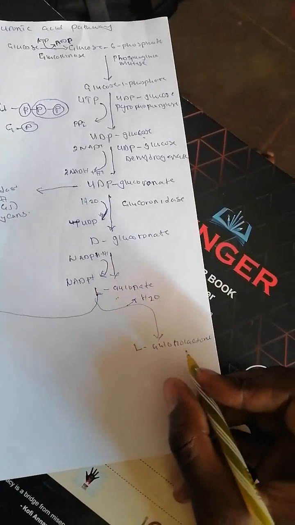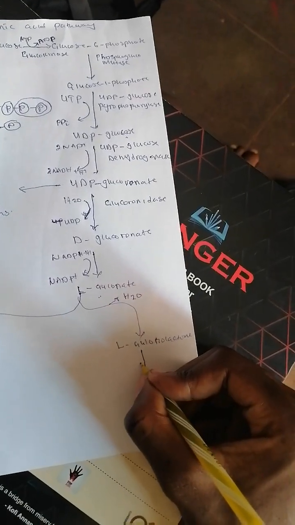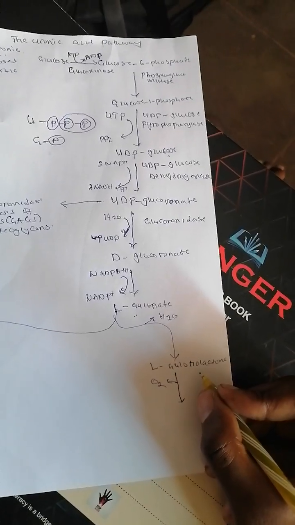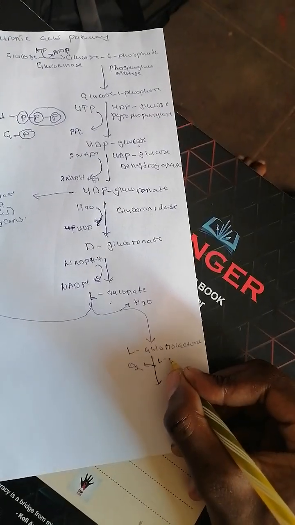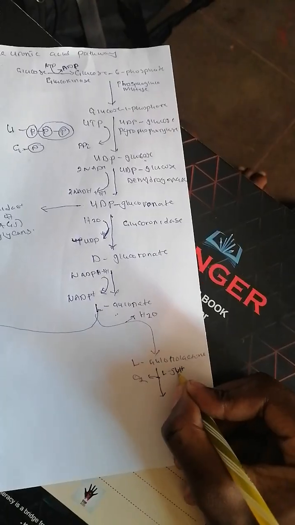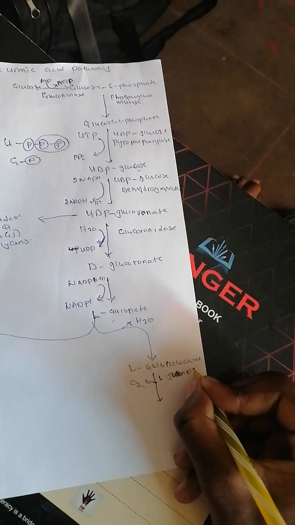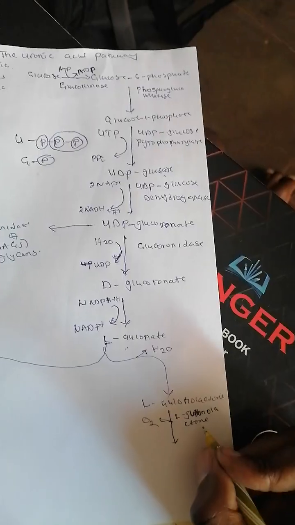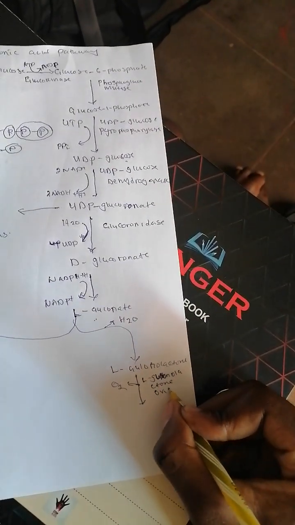At this particular point, there will be an O2 molecule given out, and there's an enzyme here called L-gulonate oxidase.